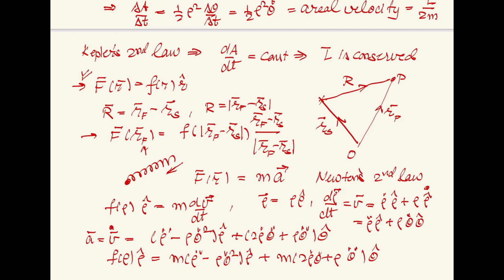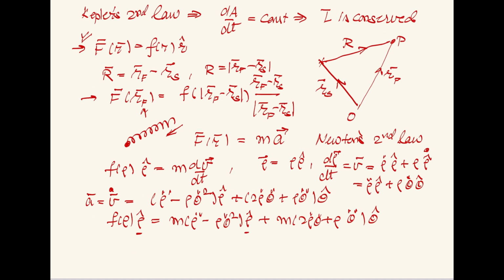So you can see that the left hand side only has a rho cap term and does not have a theta cap term. So therefore this theta cap dependent term must vanish, and f of rho must be equal to the coefficient of rho cap.